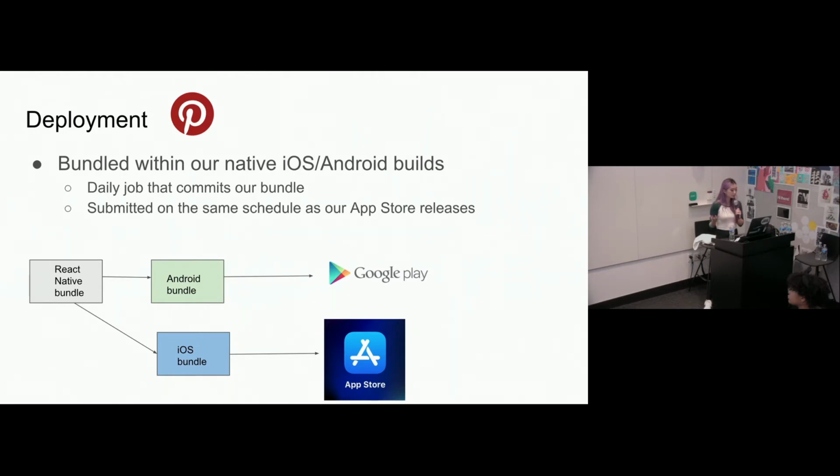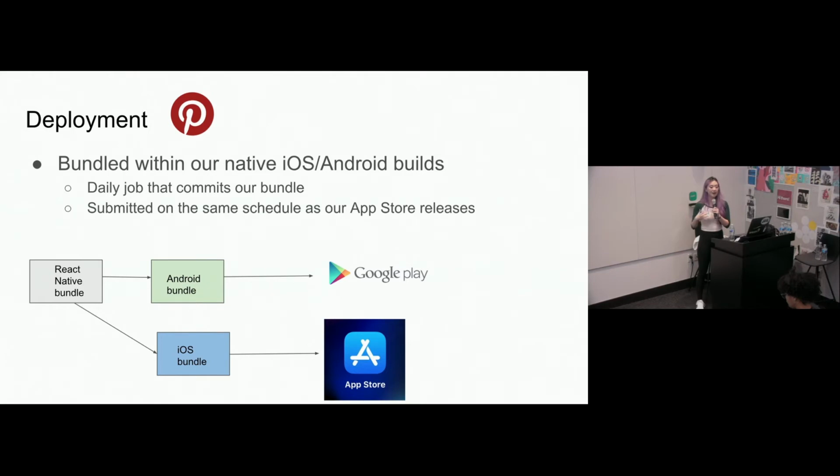Let me go over the slide again, just in case some of you understand this better with context. There are two ways to deploy a React Native app. The way we use at Pinterest is we do it within our regular app store releases. We have daily jobs that take our existing React Native code base and commit it to a bundle that is committed to the Android and iOS code bases.